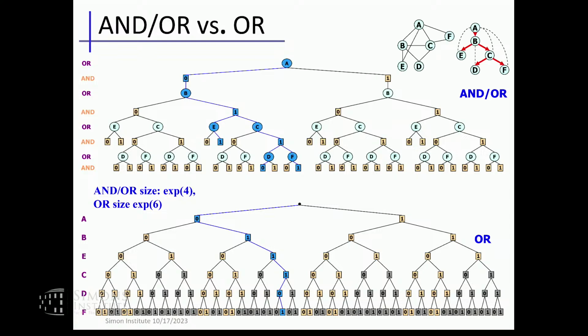Okay, so you have here at the top a graphical model, and you can immediately see that you can generate a pseudo tree that captures conditional independencies in it. If you assign a value to A and B, these two subproblems are independent. So instead of laying out all the configurations, all the assignments of values to variables, in a simple tree, we can try to exploit the structure of the problem in the search space.